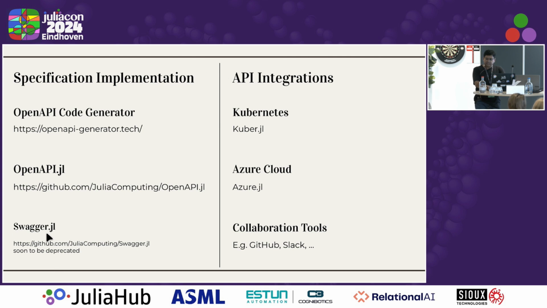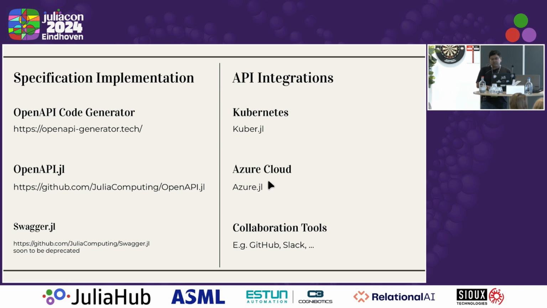It is deprecated. Swagger.jl is the OpenAPI version 2 implementation, but from version 3 onwards we use OpenAPI.jl, and OpenAPI.jl is backward compatible. It will work with version 2 specs as well, right? So this is what we have for the Julia code generator.